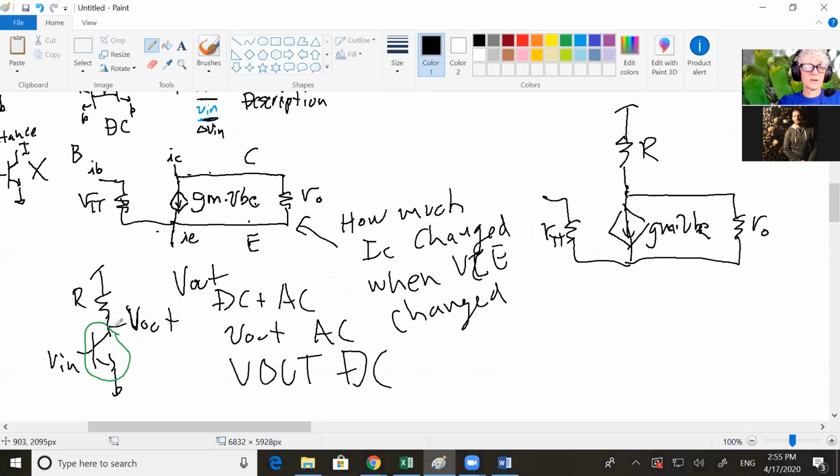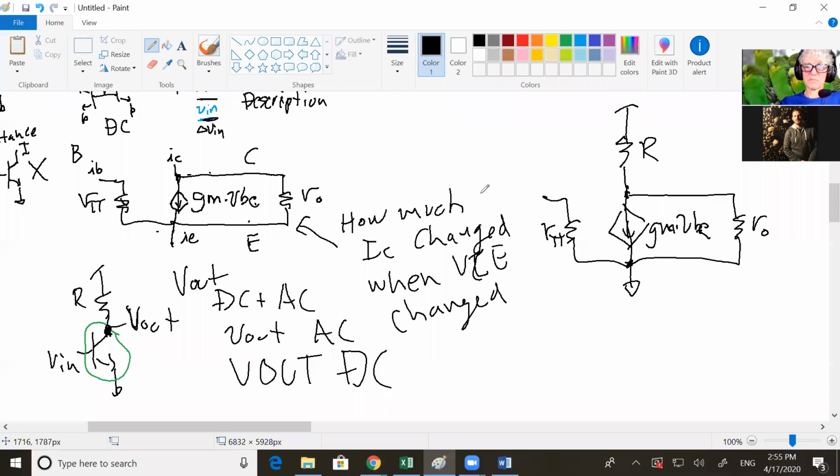So here's the collector of the regular transistor. Here's the collector of the small signal model. So I connected the resistor to the collector. If I look over here, what's the emitter connected to in the actual circuit? Ground. So what does the emitter have to be connected to here? Also ground.